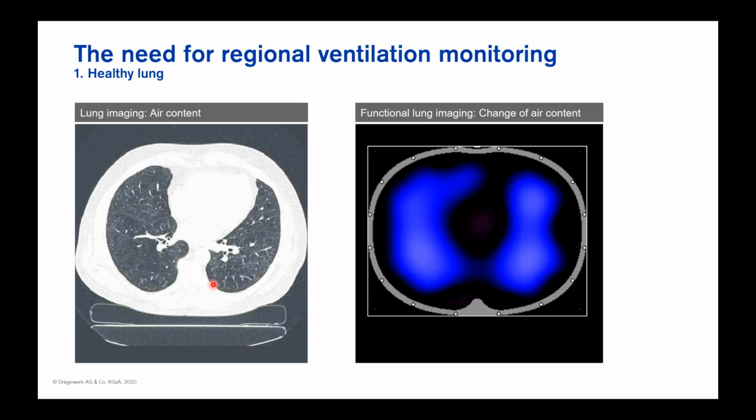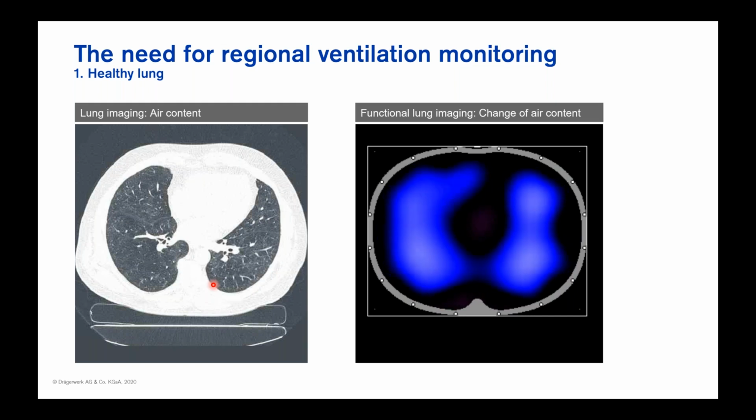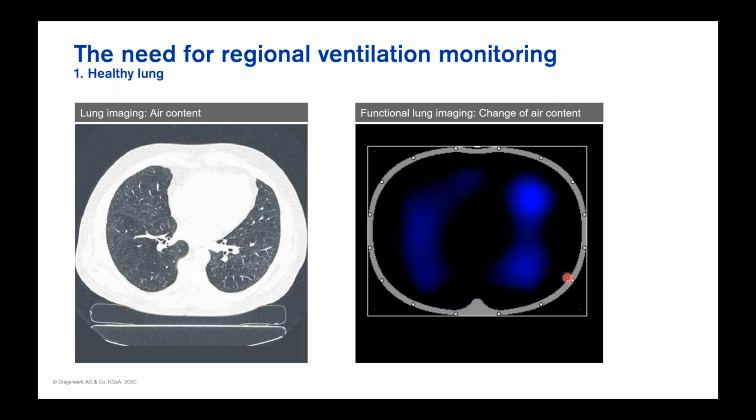Talking about the cross-section, the projection is the same. So we are basically looking through the feet into the lying patient, which means the left lung is represented on the right side of the image here.